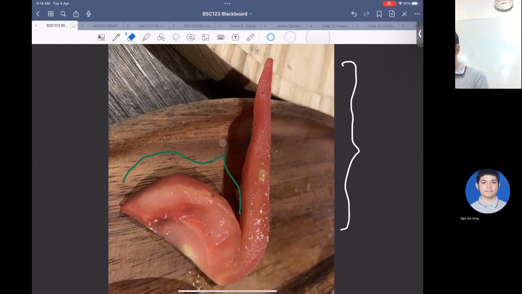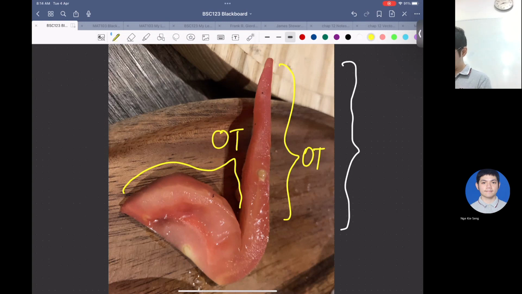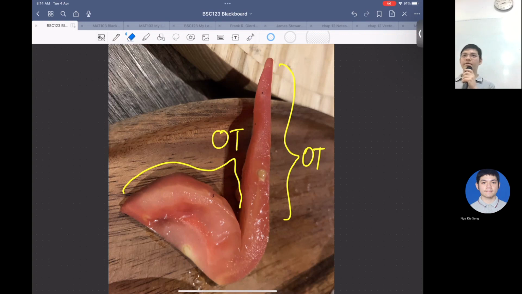This one is the OT, and this part is also OT. Makes sense. Although this is not a perfect circle, the idea is there.